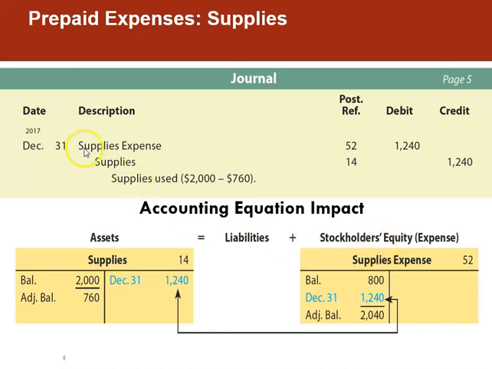So here's our journal entry. We're going to debit supplies expense. For the 1,000th time, expenses are always going to go up with a debit. What has gone down? The asset has gone down. Supplies is our asset and it has gone down, so therefore we're going to credit it.